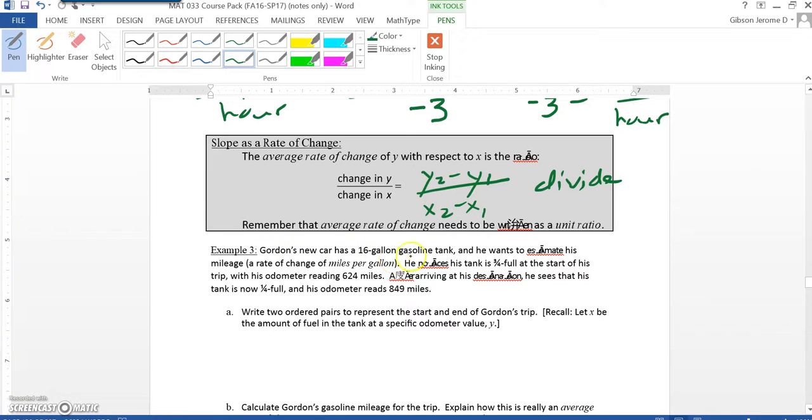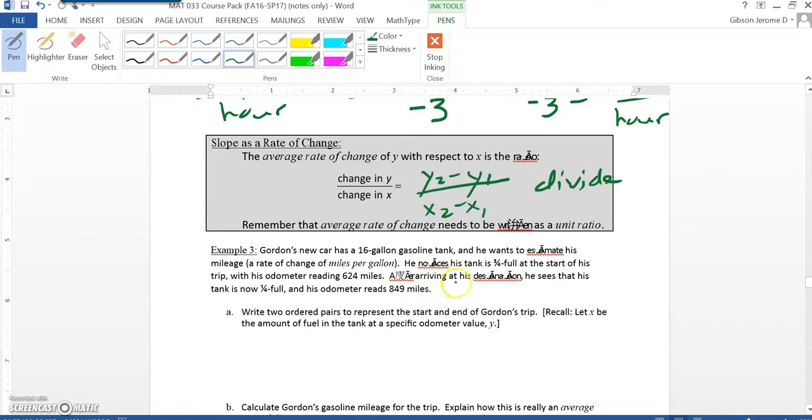Gordon's new car has a 16-gallon gasoline tank, and he wants to estimate its mileage, a rate of change of miles per gallon. He notices his tank is 3/4 full at the start of his trip, with his odometer reading 624 miles.